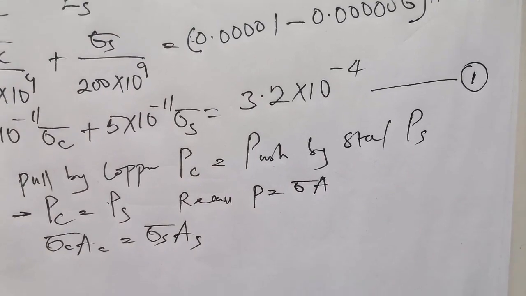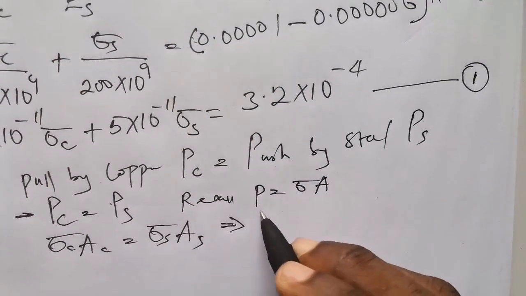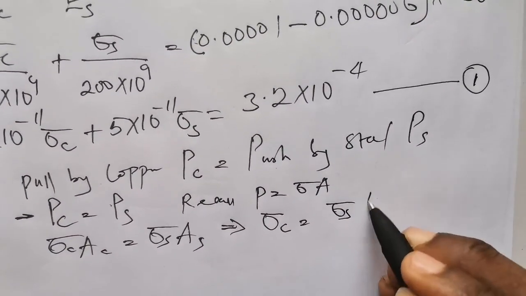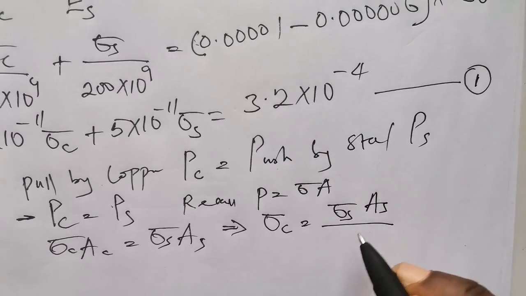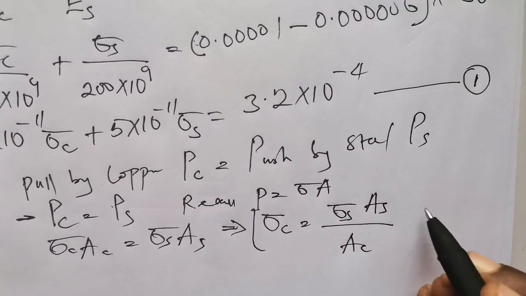So from here we can make the stress of any of them subject. Let's say we are making stress of copper subject. This implies that stress of copper is equal to the stress of steel multiplied by area of steel all over the area of copper itself.